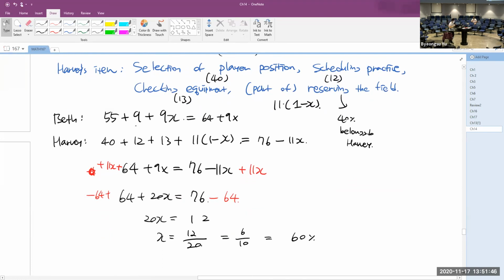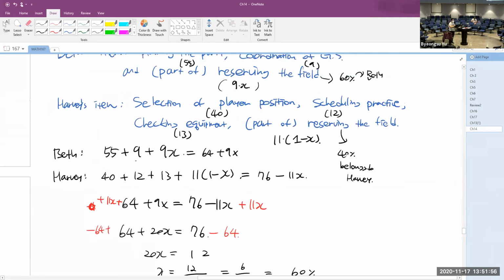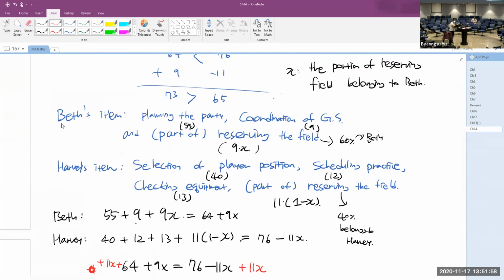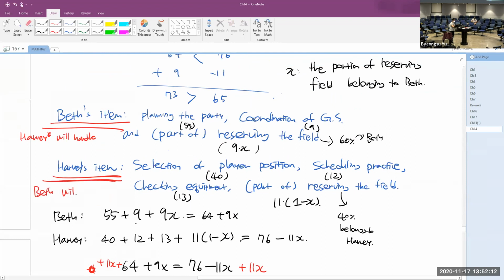But here, again, if you read the problem statement, the other co-chair will handle the items they choose, right? So in the case of this item, actually Harvey will handle it, and for this item, Bass will handle it.